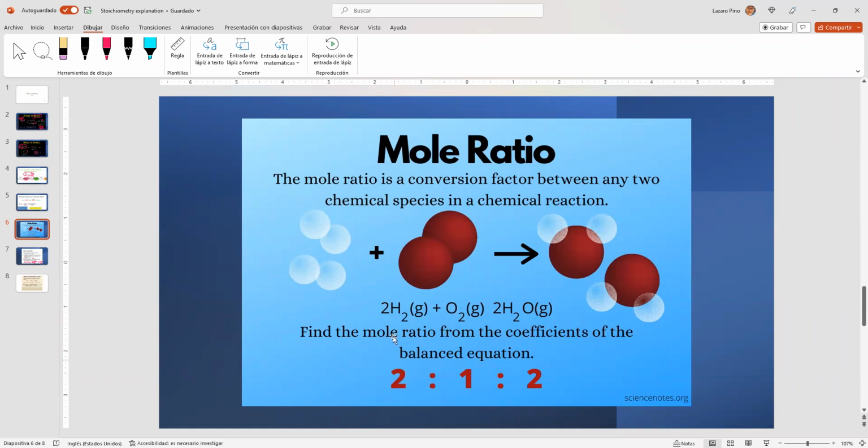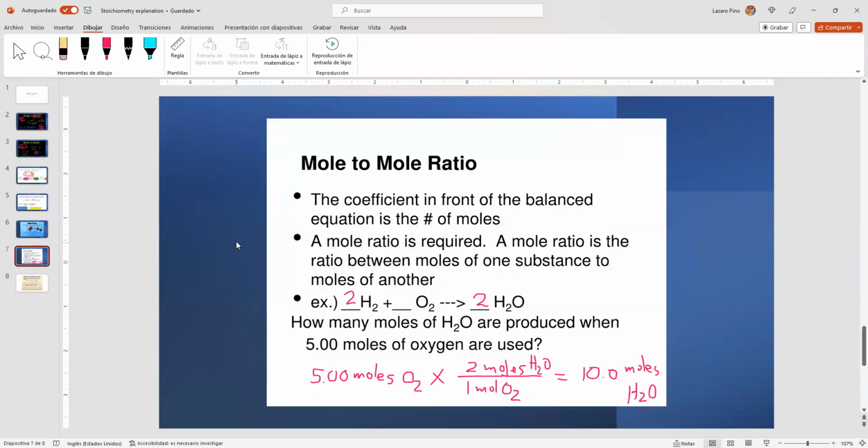Well, it's 2 of hydrogen per 1 of oxygen, and it will produce 2 molecules of water. Then the ratio is 2 to 1, 1 to 2. Let's see this in a problem. How many moles of water are produced when 5 moles of oxygen are used?